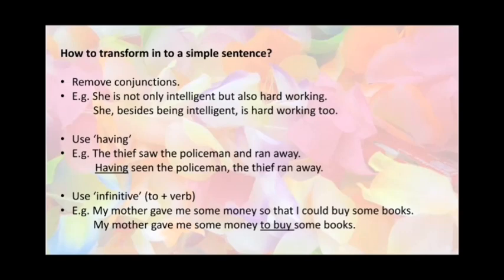For example, my mother gave me some money so that I could buy some books. This is a very long and complex sentence. So we have to simplify it by using an infinitive and shortening it. So here it is: my mother gave me some money to buy some books. We have removed so that I could, and just put the short form, to buy some books.